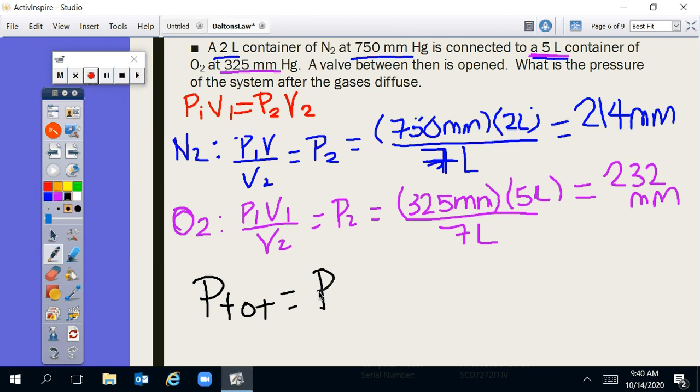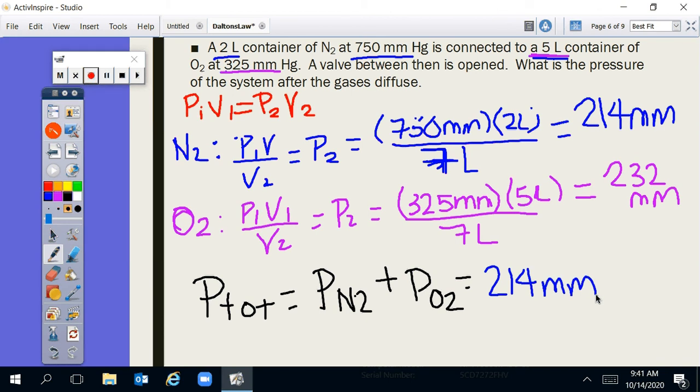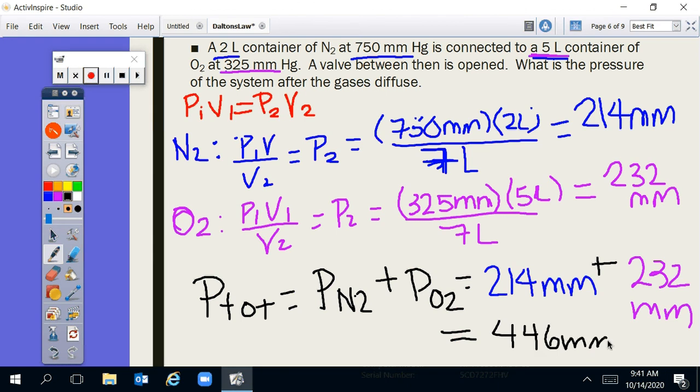In this case, it's P of the nitrogen plus P of the oxygen, which is 214 millimeters plus 232 millimeters, which gives you a total of 446 millimeters of mercury. So that's the pressure of the system after the gas is diffused.